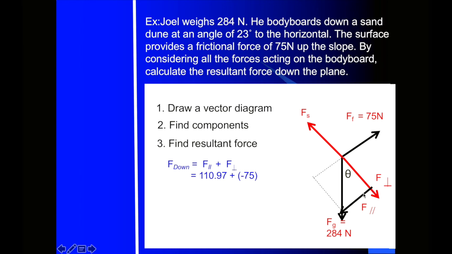So we would just subtract it because they are going in different directions. So we have 110.97 plus minus 75 newtons. And so your total resultant force is 35.97 newtons down the sand. What we would want to do is round it off to 2 sig figs, and that would be 36 newtons down the plane.